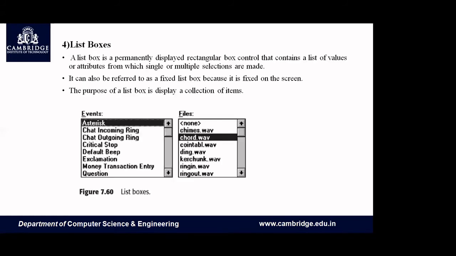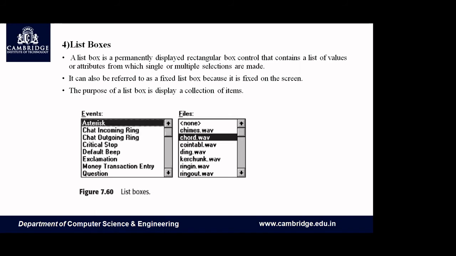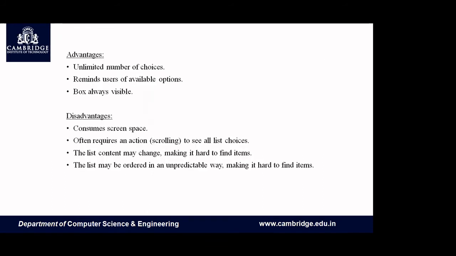The fourth selection control is list boxes, where there are multiple values to be displayed, where we use the concept called a list box. Means it is used for displaying a collection of items. The advantage is what? We can have more items, so it is an unlimited number of choices, where it tells you what the available options are, and the entire box will be visible.